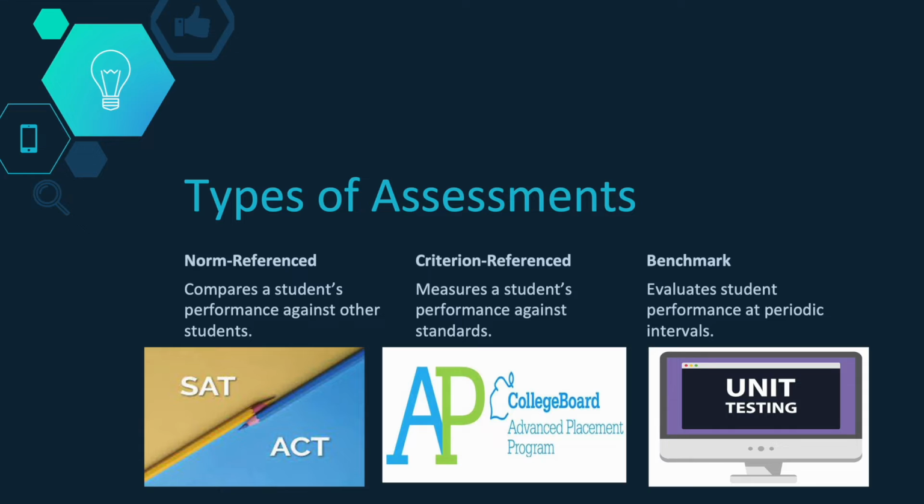But norm is against other students, criterion is against a criteria. That helps me understand. And then we have benchmark assessments, which evaluate students' performance at periodic intervals. Those are things like unit tests, at the culmination of a lesson or module or unit.